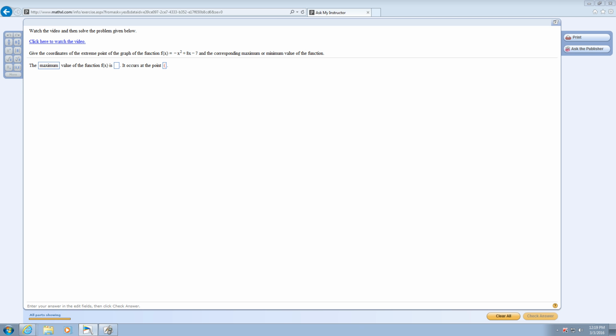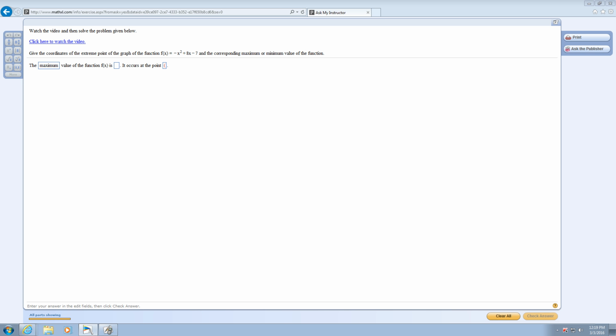X minus 4 quantity squared is equal to 9. So x minus 4 is equal to positive or negative 3. So what's 3 plus 4? 7. So that's one x-intercept. And negative 3 plus 4 is 1.